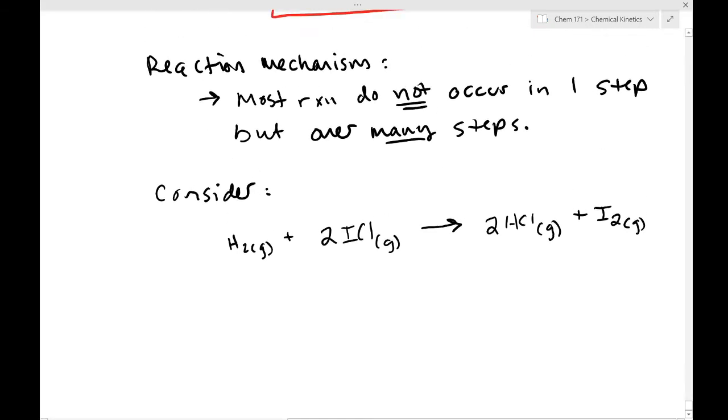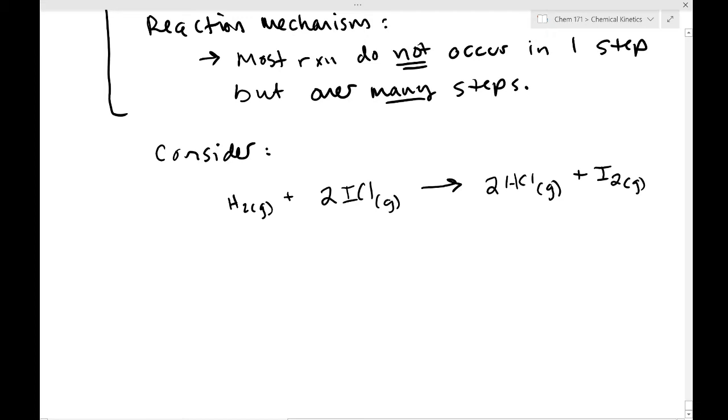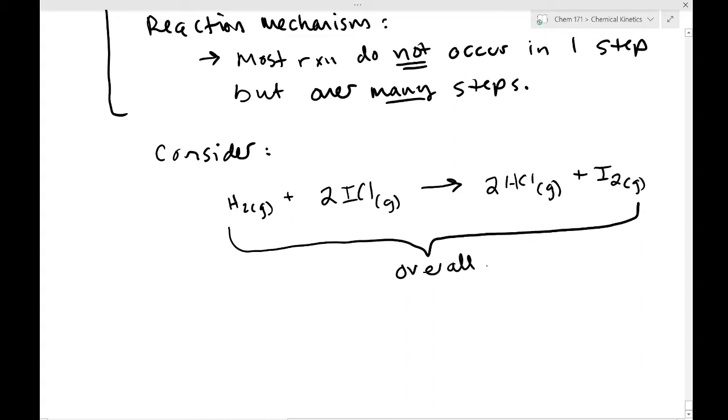Given this information up here, we can basically assume that this mechanism does not occur in one step, but it's going to occur over several steps. What we draw here is the overall reaction. This is the total result of the chemistry that's happening here. But it doesn't necessarily mean this is exactly how the chemistry happens.